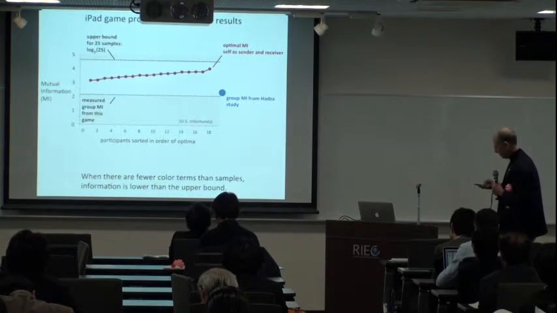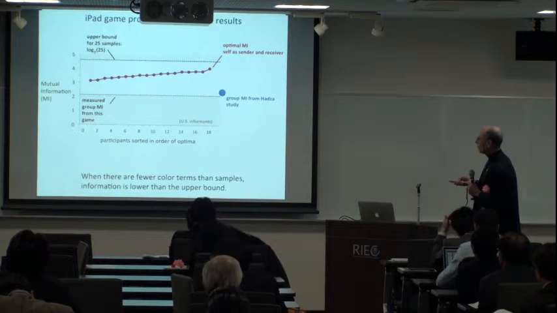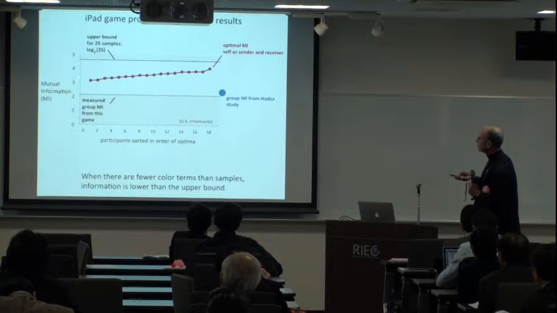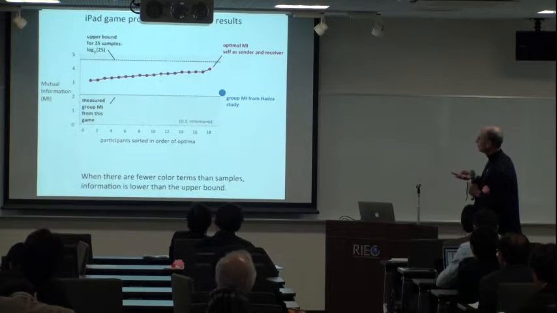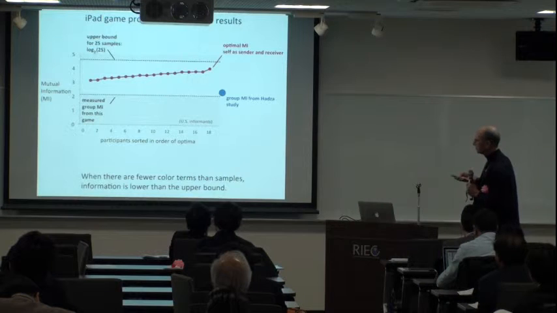And this is what we find. So on the x-axis here, I've sorted the order of, in this case, 18 subjects in terms of their optimal color communication. The dashed line up here is how well they would perform if they had a separate color term for each of the colors that they were confronted with.